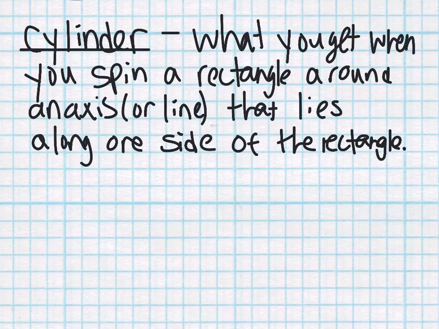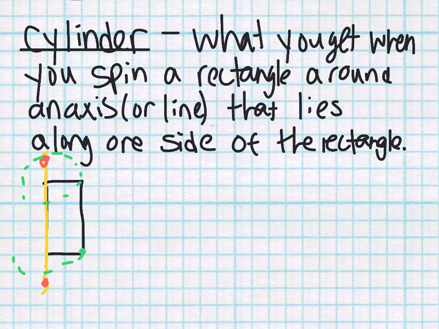If we think about taking a rectangle, and kind of like I did with the circle, here's a piece of string, and I'm taping it to the edge of the rectangle. I'm going to hold each end of this string in my fingers and spin it. What happens when I spin it is this rectangle goes around and creates this shape.